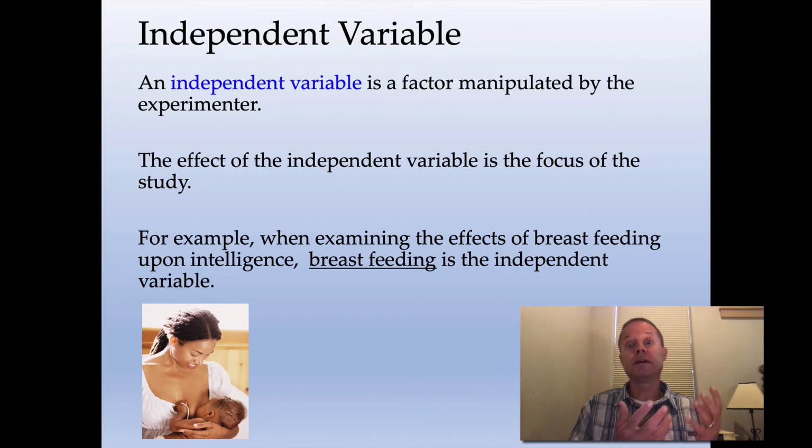Your study would be that half of your women are breastfeeding their babies, half of the women are bottle feeding their babies. 8 years later, you measure the intelligence of the babies. So you're studying how they're fed, and does that affect their intelligence later on?